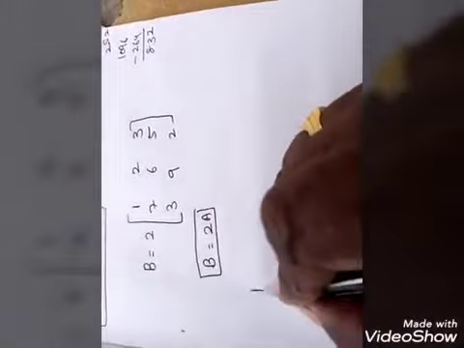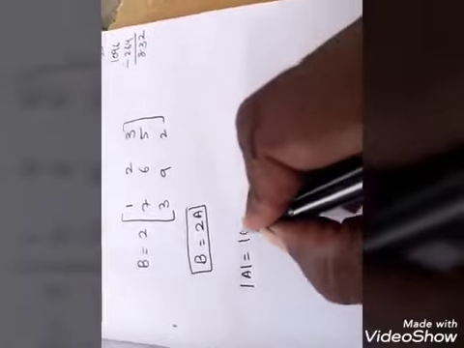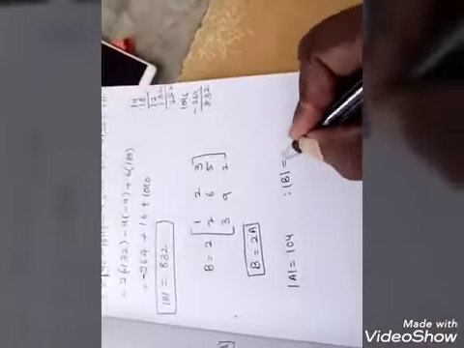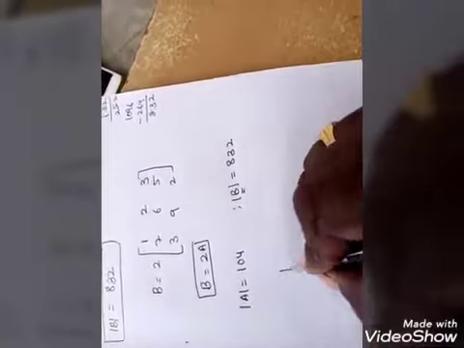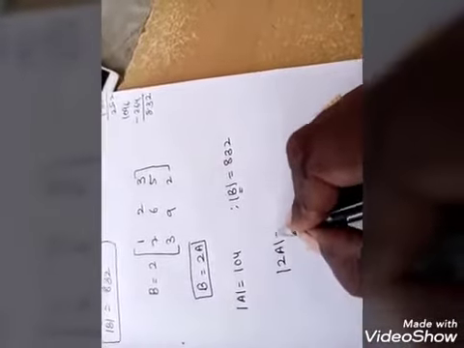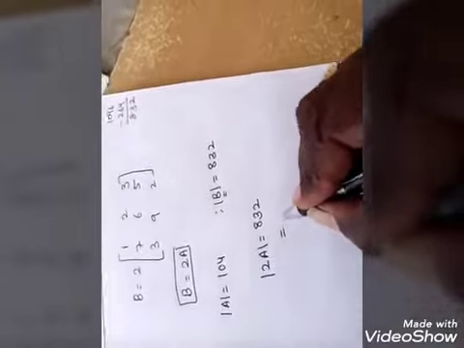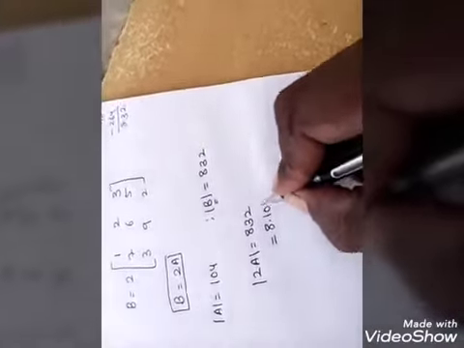Now det A, what do you have? Det A is equal to 104, and det B is equal to 832. Now instead of B, what can you write? Det of 2A is equal to 832. Now 832, can I write this as 8 into 104?